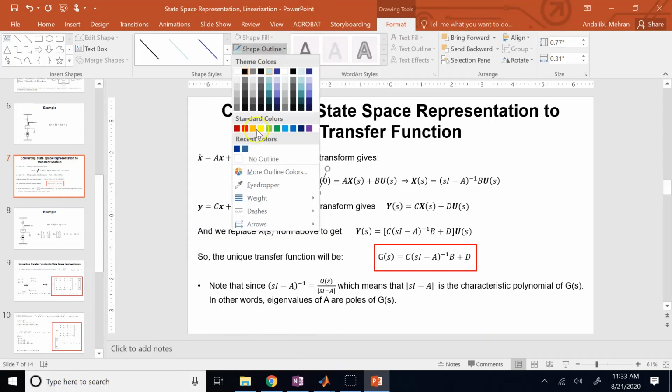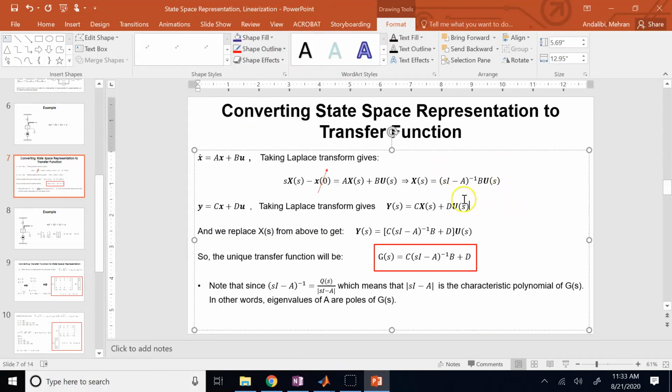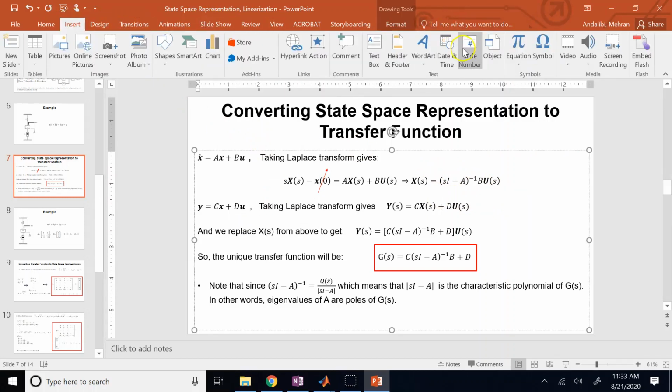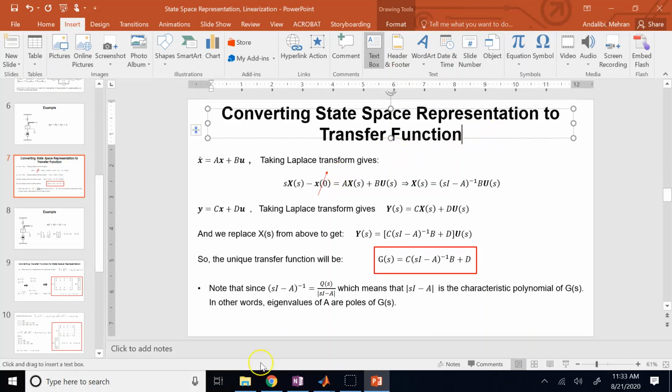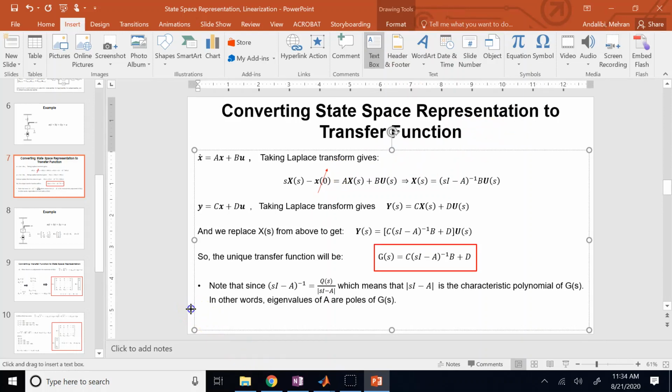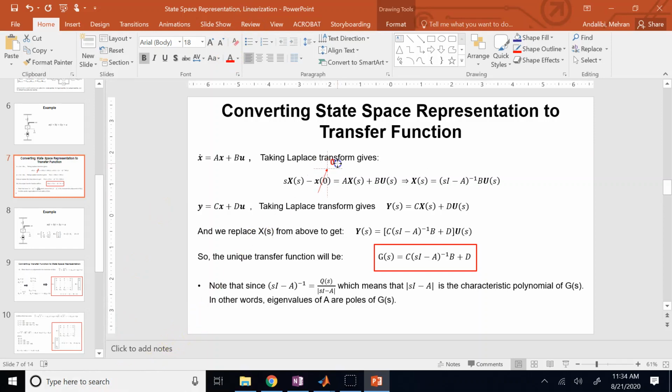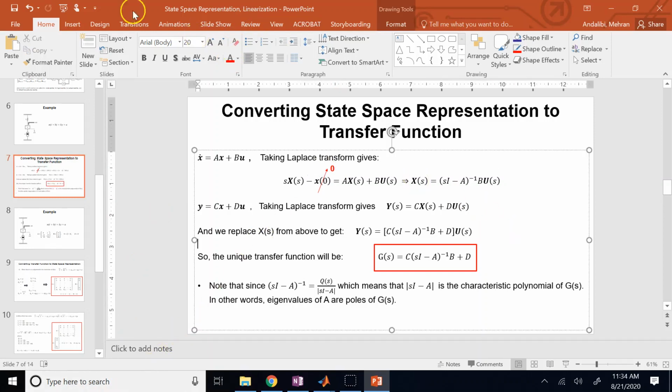Because we are looking for a transfer function. It's a vector 0. So we choose 0 because we are looking for transfer function.